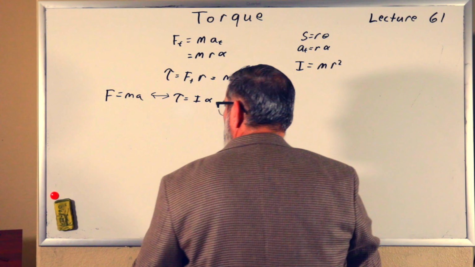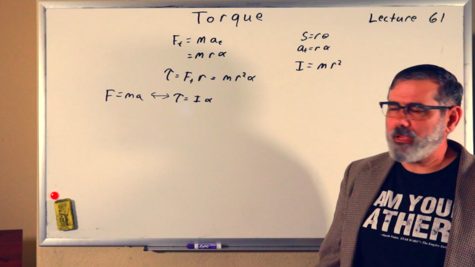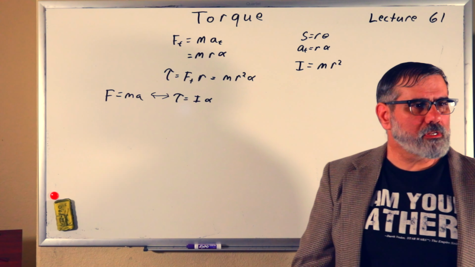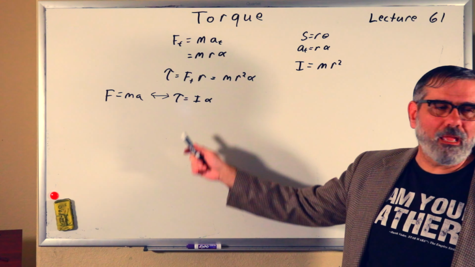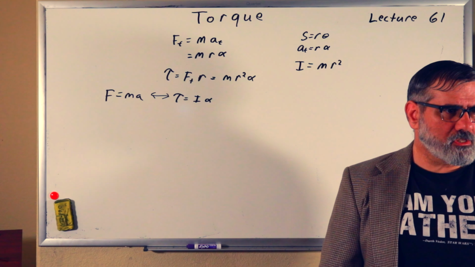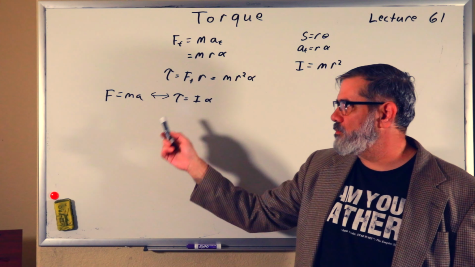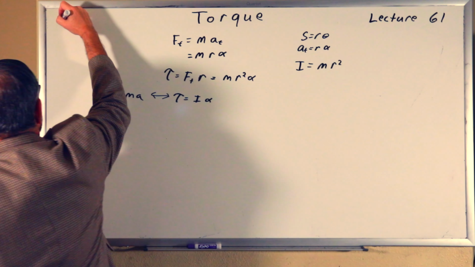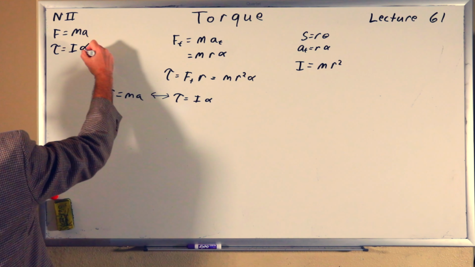Here we have the linear version, force, in terms of the mass and the linear acceleration. And then we have the rotational: the torque is equal to I, the moment of inertia, which is kind of the analog to mass for a rotational system, times alpha, the rotational acceleration. So you see they're very similar in this way. So we can write over here, N2 for Newton's second law, F equals ma, and tau equals I alpha.